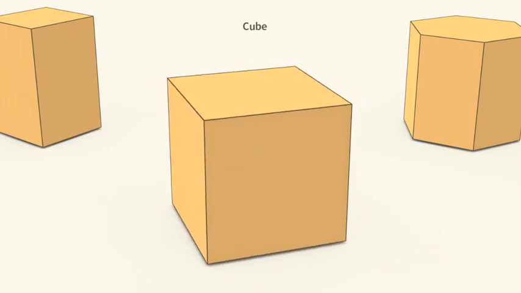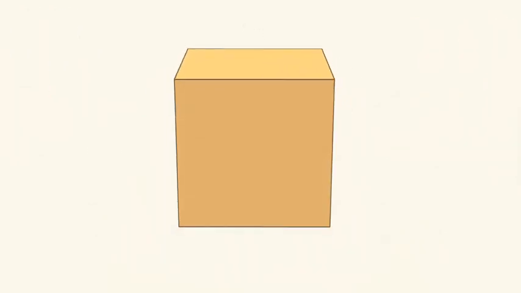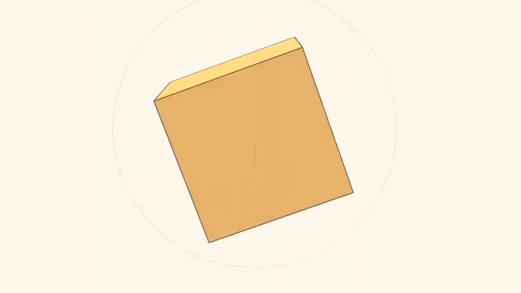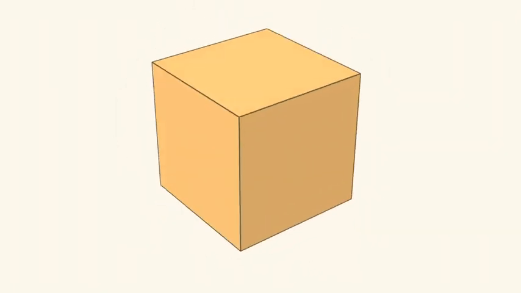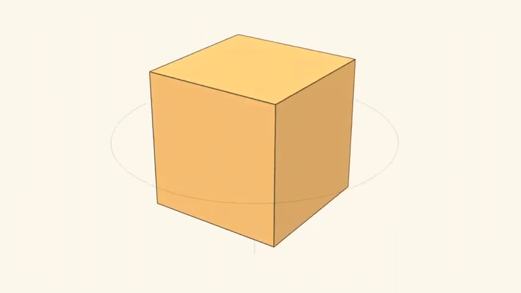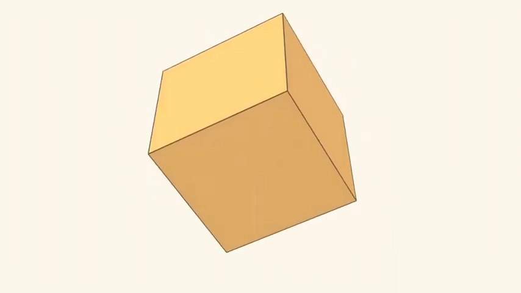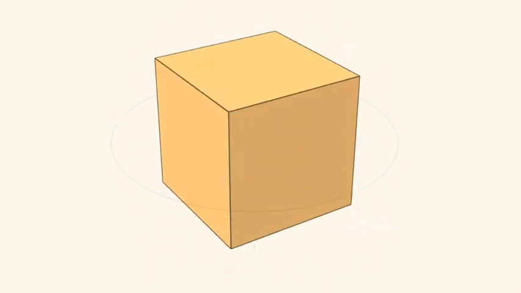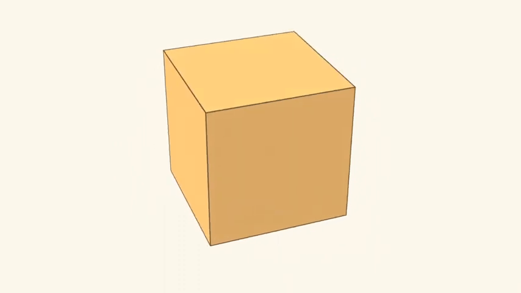A cube obviously is just a three-dimensional figure that is all sides are squares. So a cube is a prism, but it is a special kind of prism. It has every side being a square and the same length for each of its sides. 6 sides and all are squares.